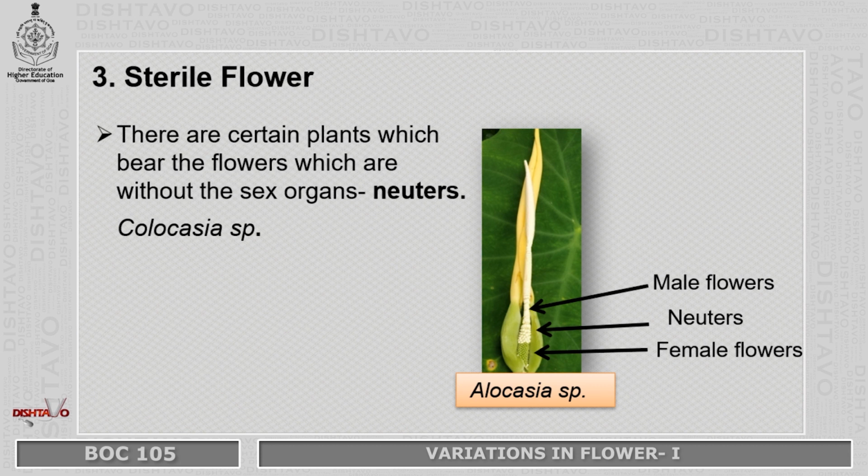These are flowers without sex organs, and they are called neuters. Neuters are found in the Alocasia species as well as in Colocasia species. The image shows the neuters as well as the male flowers and the female flowers.